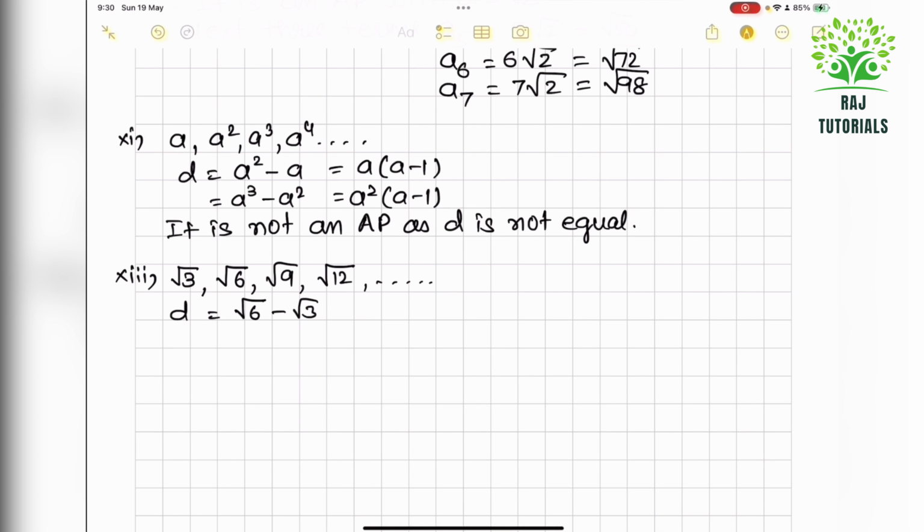Then root 9 minus root 6, so this will be root 3 into root 3 minus root 2.